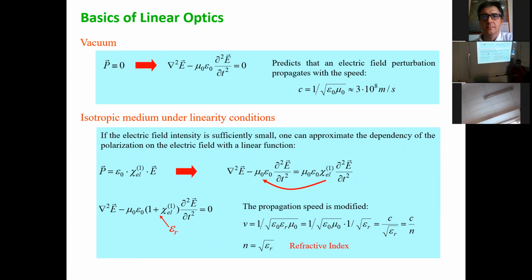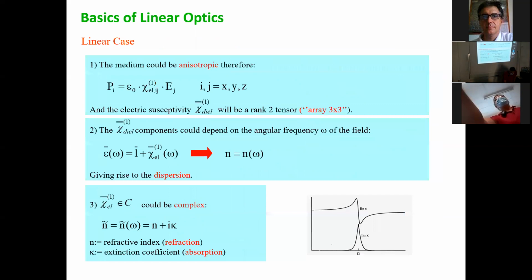Now, in general physics courses, you just cite some facts, but you do not go deep in this. The first fact that you cite is that, in general, the relation between the polarization and the electric field is a tensorial relation.